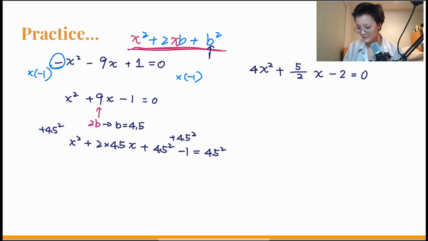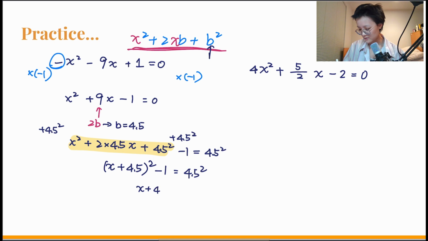And now this part of it is the expansion of this completed square. So that is x plus b, which is 4.5, squared, minus 1 equals 4.5 squared. And so x plus 4.5 squared equals 21.25.